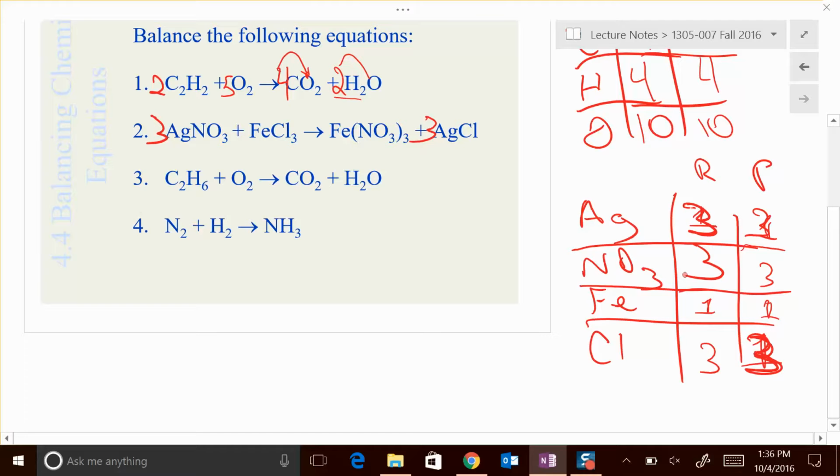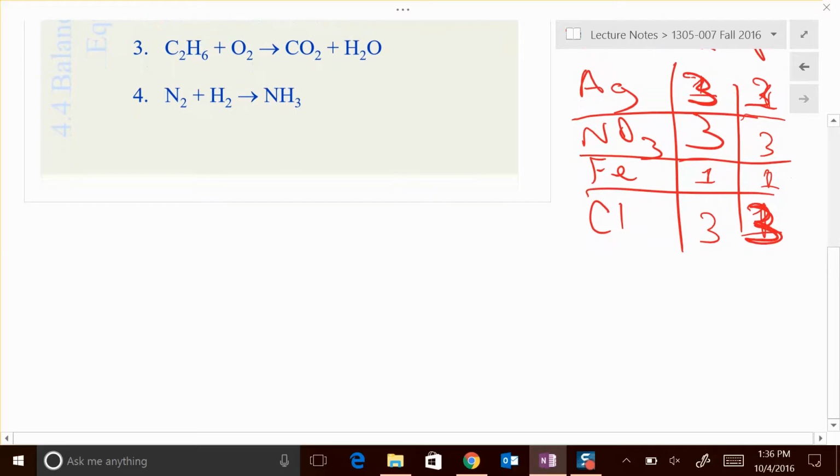And I am left with a balanced chemical equation. I have 3 silvers, 3 nitrates, 1 iron, and 3 chlorines on each side of the reaction. So by making this table, it allows me to keep track of everything that's going on. Okay? All right, let's try number 3.